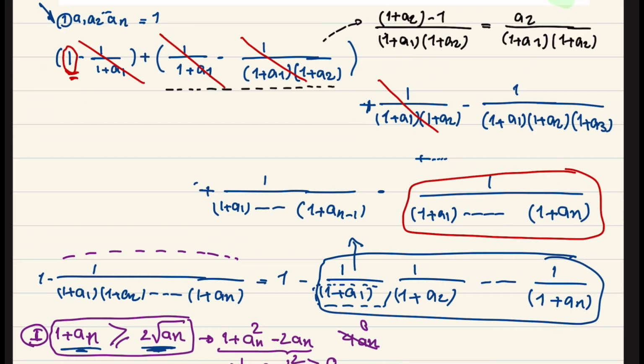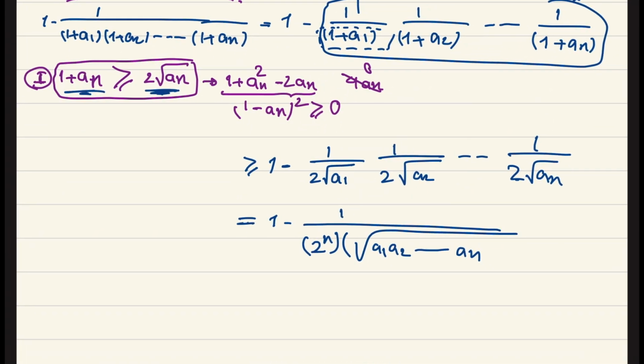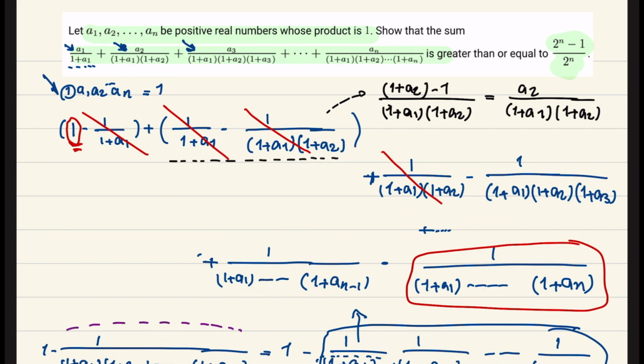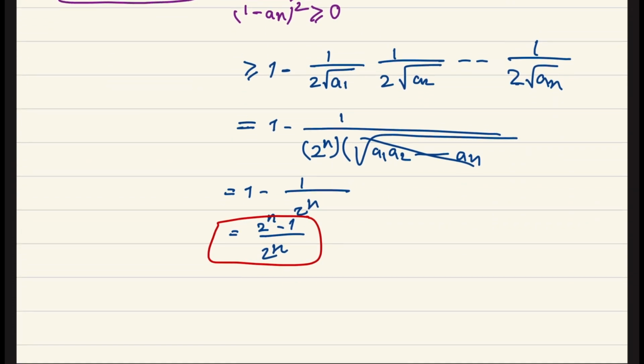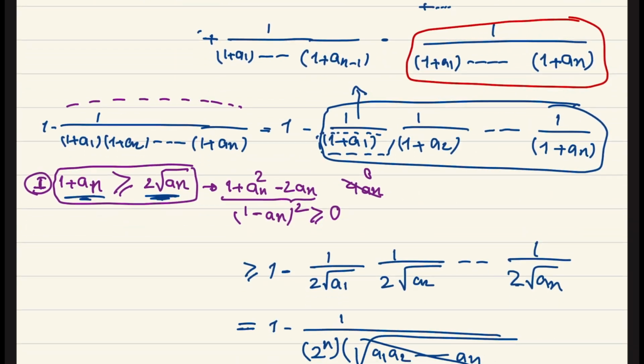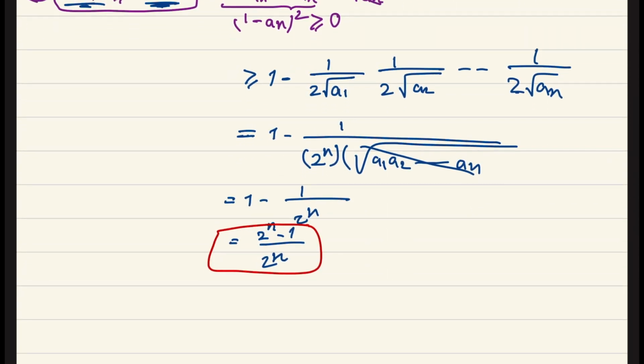So this term is equal to 1, and this is going to be 1 minus 1 over 2 to the power n. And you can further simplify this as 2 to the power n minus 1 over 2 to the power n, which is exactly the term that we have here. And yeah, this is an interesting question that I liked.